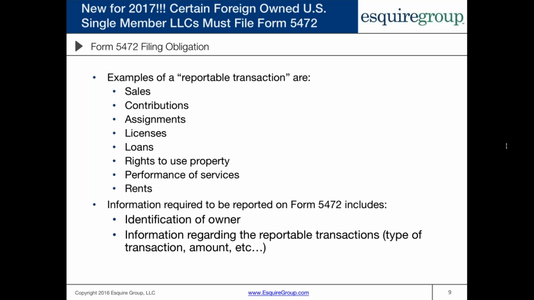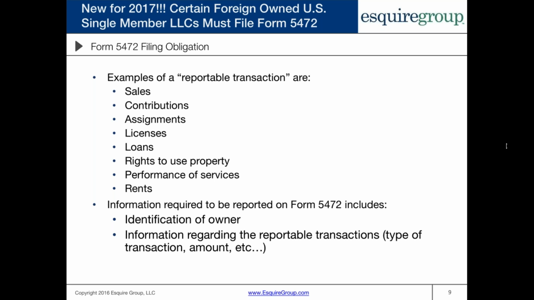And I also think that the rights to use property is a very important reportable transaction to point out, because I think this could impact a lot of people with vacation homes in the United States. I know that quite a few foreigners have purchased vacation homes in the United States, and for asset protection purposes, they've put those vacation homes in single-member LLCs, which are disregarded entities.